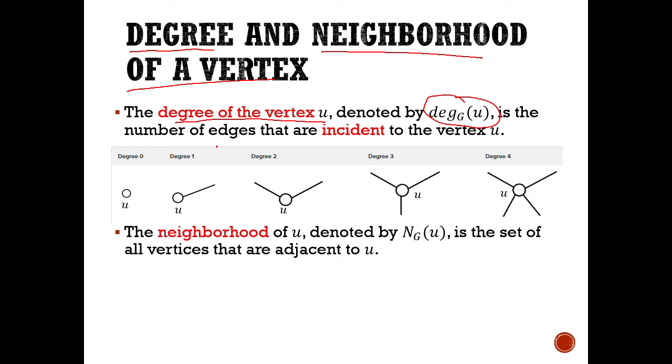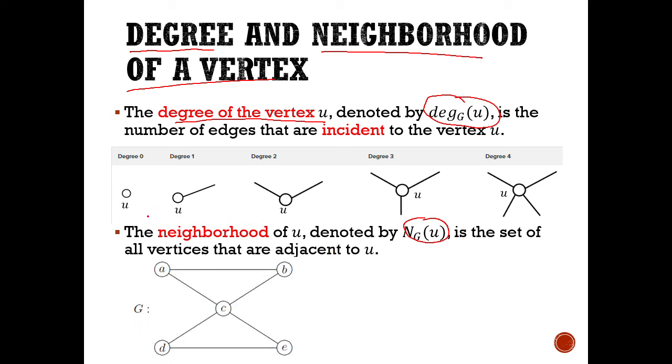Now, closely related to the concept of degree is the neighborhood. The neighborhood is denoted by N(u). This is the set of all vertices that are adjacent to u. In other words, the neighborhood of the vertex u is the set of all neighbors of the vertex u. Now let's go back to our simple graph, G, and let's take a look at vertex C. Which vertices are neighbors to the vertex C?